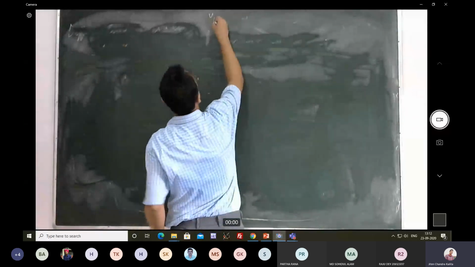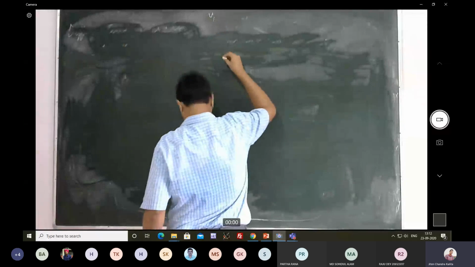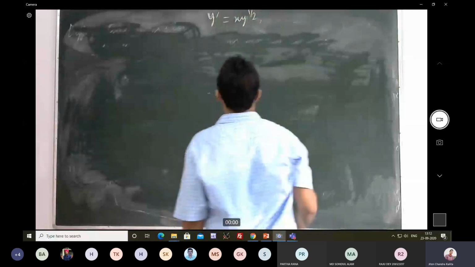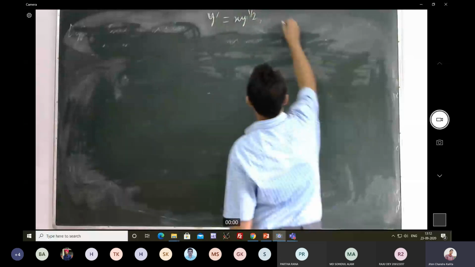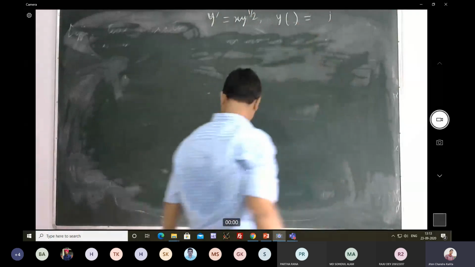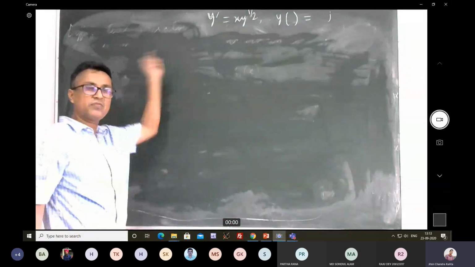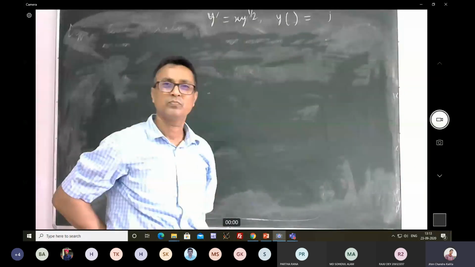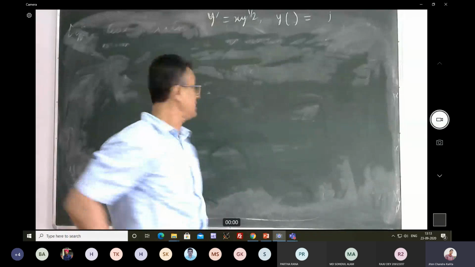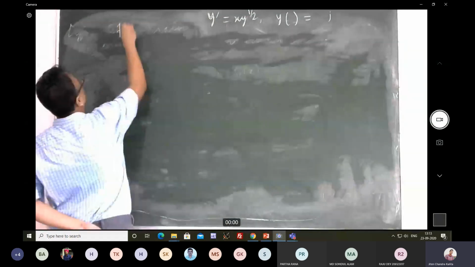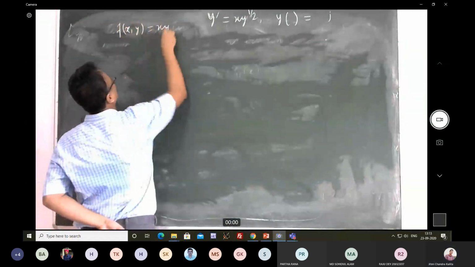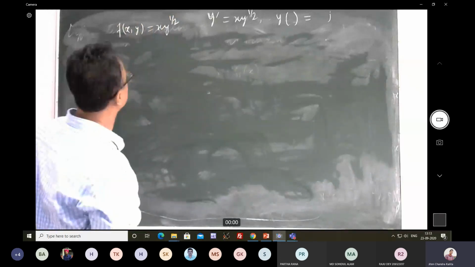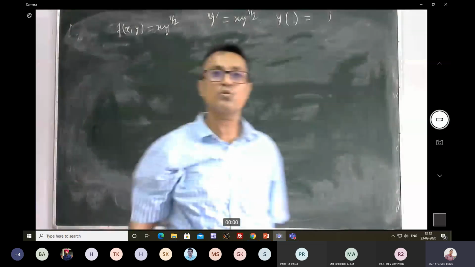I'm still not going to write anything here. Can everybody see the differential equation? The right hand side, that f of x, y, is x y to the power half. Obviously this is continuous throughout the whole R2.